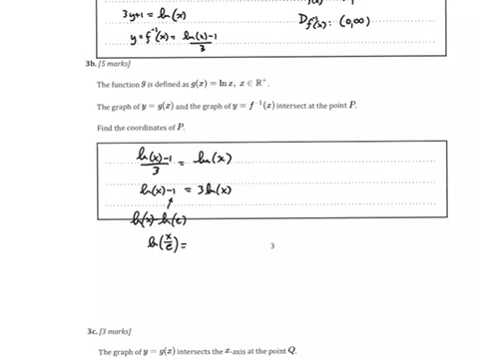And on the right side, I have the ability to bring that 3 up as an exponent. So it'd be ln of x cubed. Then x over e should be equal to x cubed.